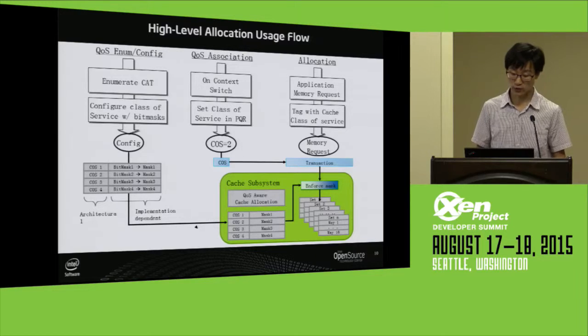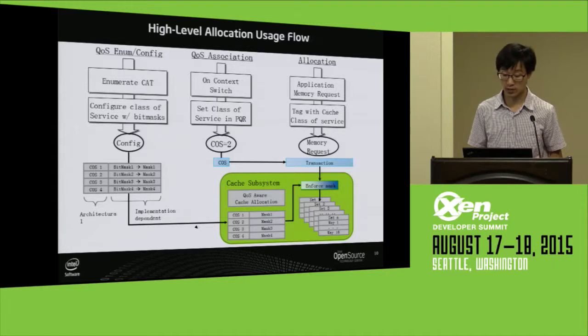This is the allocation flow. Similarly, it's software's responsibility to associate the CLOS to the software entity. For example, associate a CLOS to a VM, just like we did in Xen. For each domain, we associate a CLOS.